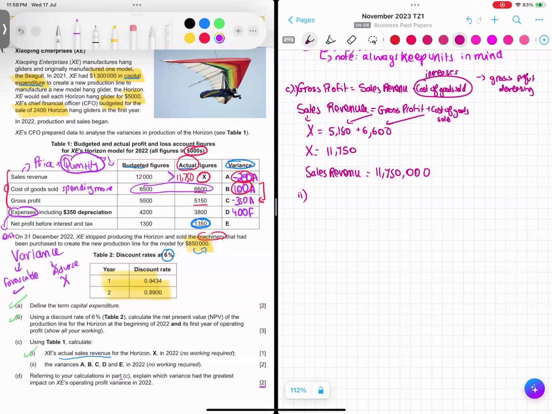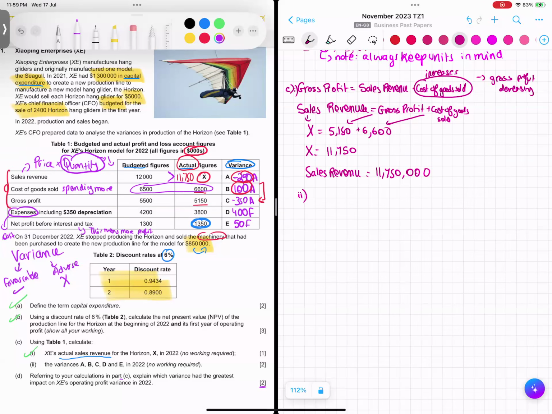The net profit before interest and tax, the difference is 50, and this is in fact favorable for the business since their net profit before interest and tax is higher than anticipated. So this will help the business because they will make more profit. Oh, sorry, for the fact that I said the interest and tax was probably less than anticipated, that's wrong.